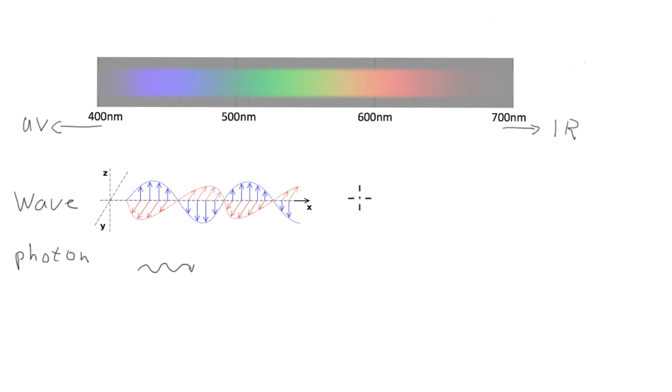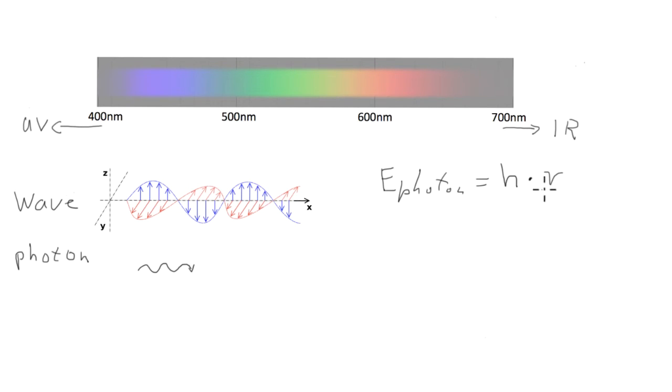To give you an idea about what kind of energies we're talking about, let's review the energy contained in a photon. The energy of a photon equals the Planck constant, something you should know from your basic physics class, times the frequency nu of the oscillation of that electric field.